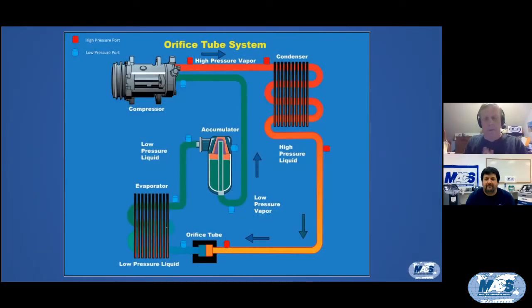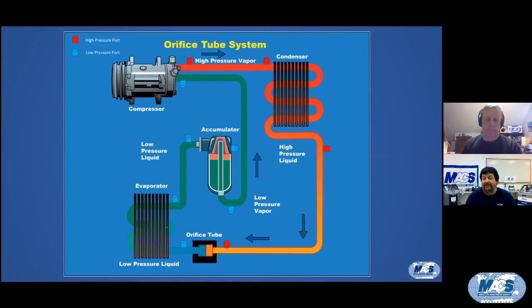I remember the first one I ever saw. I looked at it and thought, wow, I've never seen anything like that before. After I thought about it a moment, it made perfect sense. But again, I'd rather have my high side service port up here at the compressor, because if I've got some sort of problem, I want to know exactly what the compressor is capable of doing.